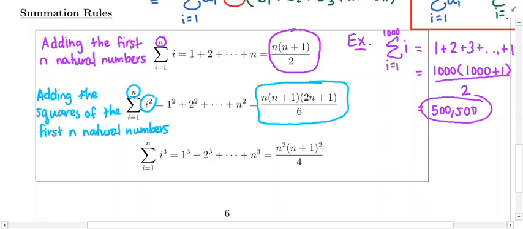In the last formula here, you are adding the cubes up. So you're doing 1 cubed plus 2 cubed plus 3 cubed all the way up to n cubed. I'll again write a description here. We are simply adding the cubes this time of the first n many natural numbers.